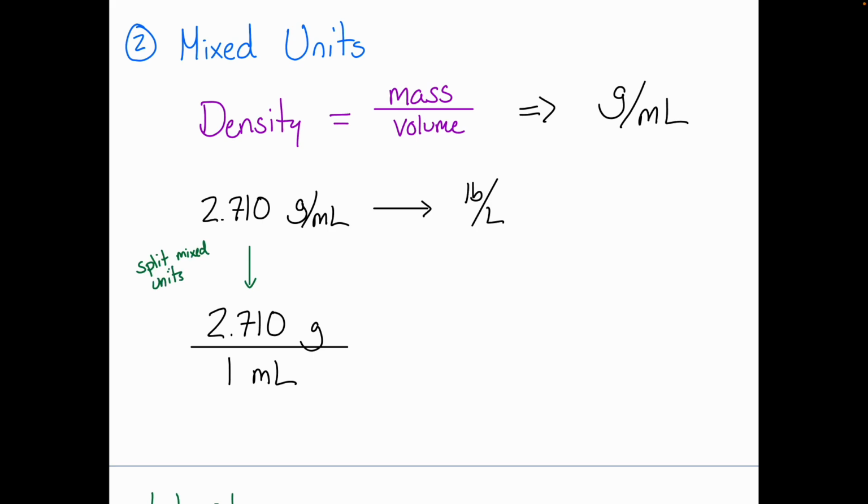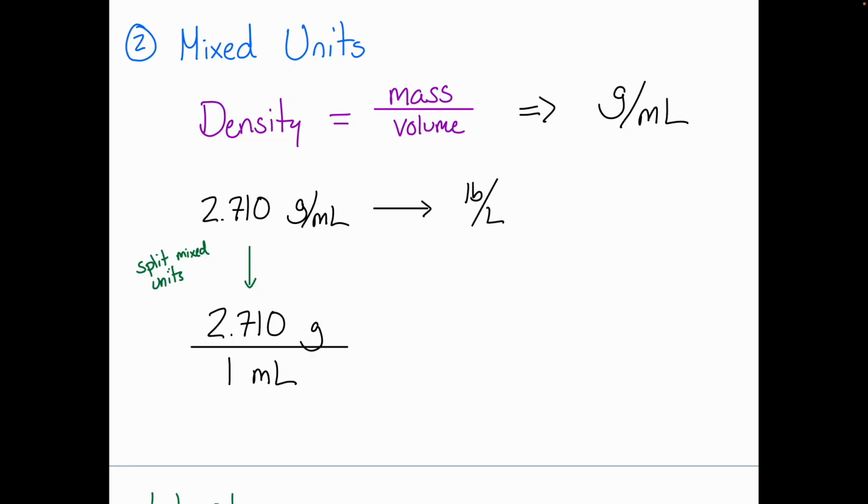What it means to be 2.710 grams per mil is that there are 2.710 grams in 1 milliliter of that substance. That's what that means. And now we get to play the same game that we've been playing over and over again, where we pick our conversion factors and line them up such that our math cancels out, right?